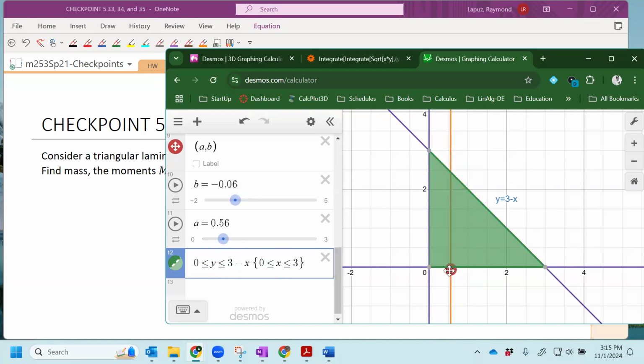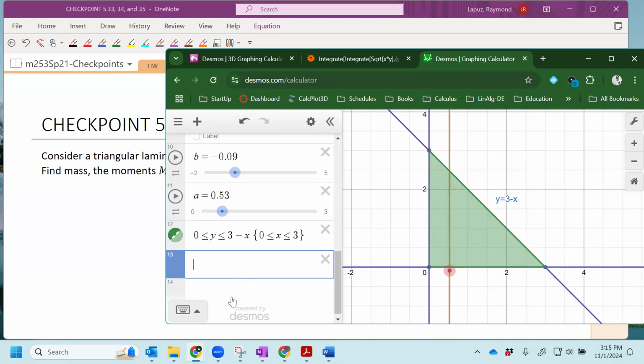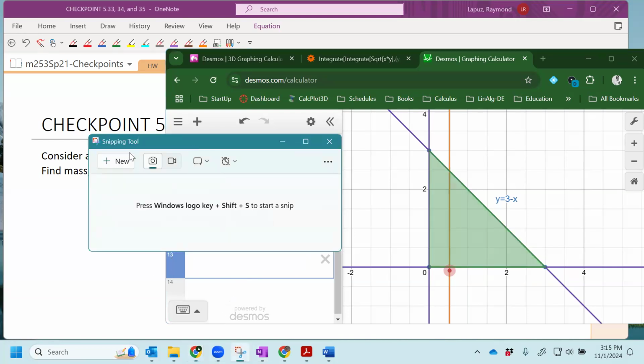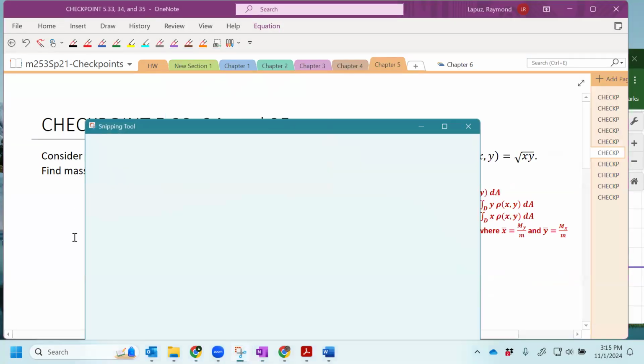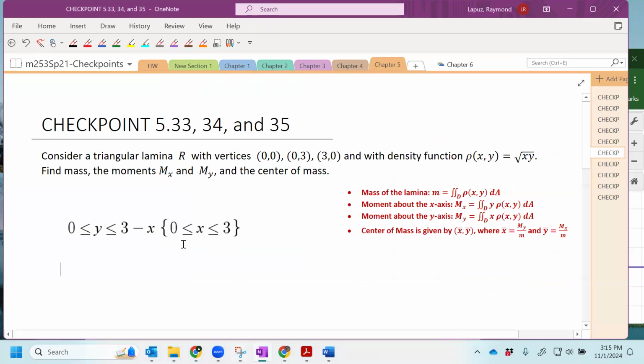And so this region here can be described with our integral limits as y going from 0 to 3 minus x, and x going from 0 to 3 constants. Okay, so with that, we should be able to set up our integral. Just take a quick shot of this to have in our notes.